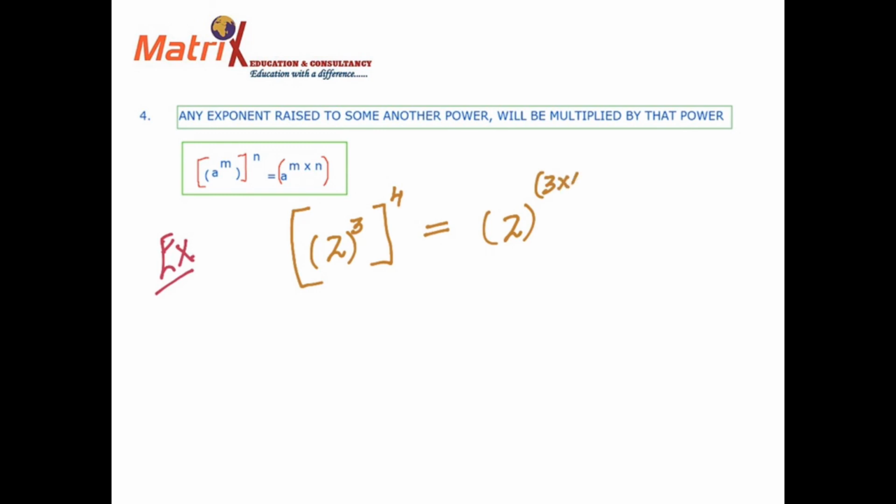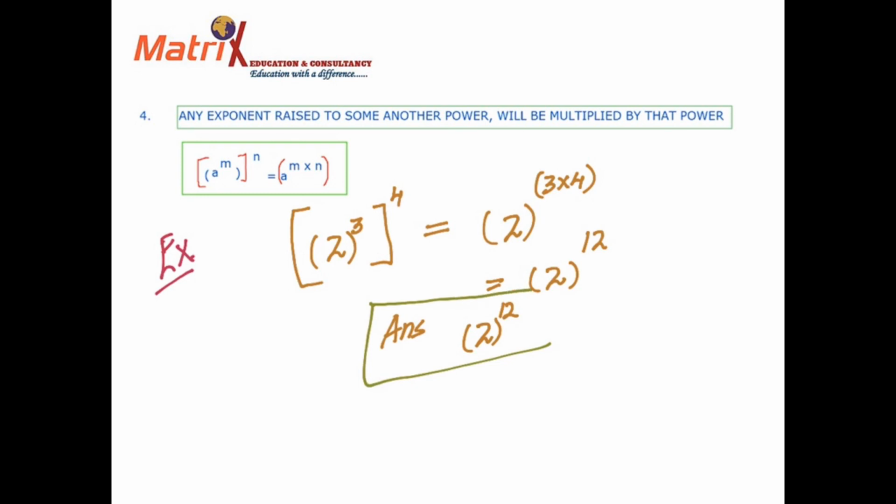The powers will get multiplied, and we write it as 2 raised to the power of 12, and that's our answer. If the question says to simplify it further, we will simplify it. Otherwise, we will just leave the answer in this form.